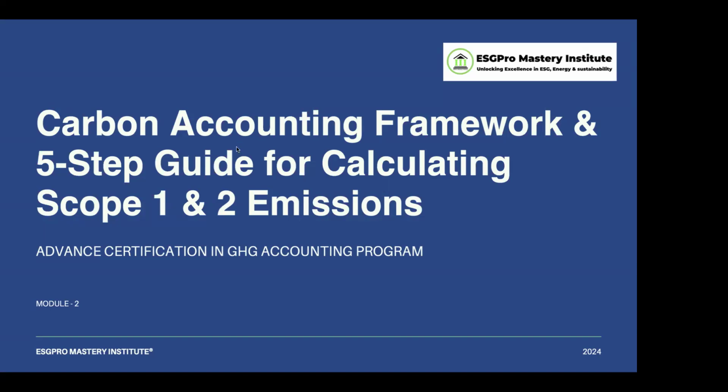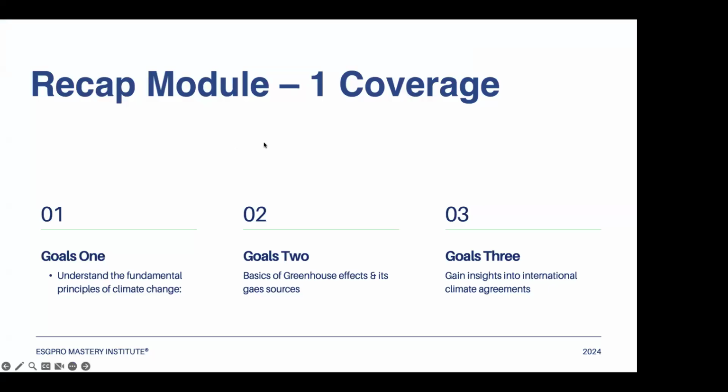Without further ado, let's start by recapping what we have covered till now. Module 1 we have completed, and we have completed our 3 critical goals. The first was the fundamentals of climate change, where we got introduced to climate, weather, and pollution, and how they are different from each other, specifically in terms of short-term weather and long-term climate.